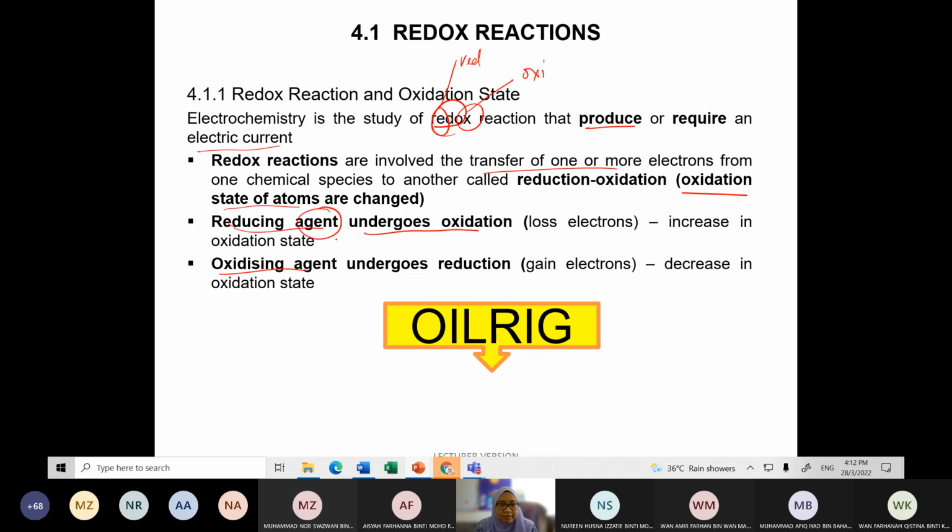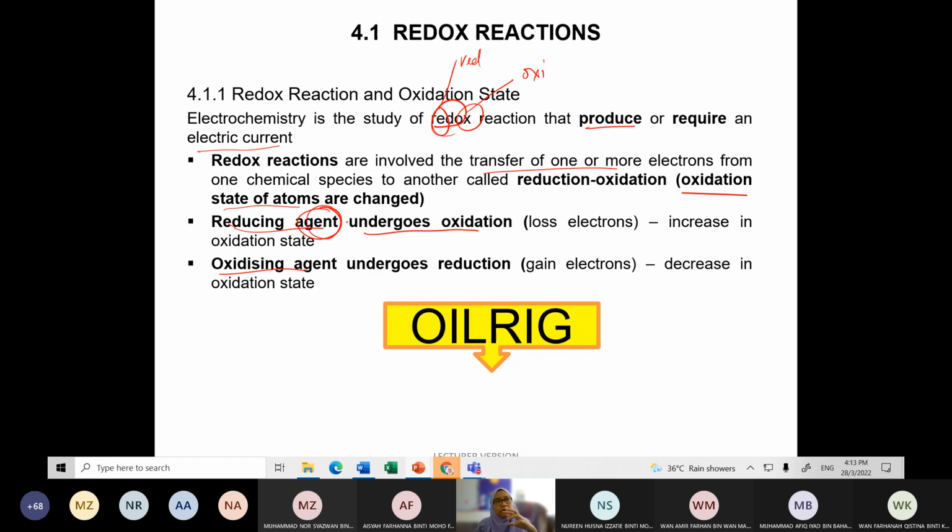The word agent here means the cause. Reducing agent is the substance that undergoes oxidation. It causes other substances to be reduced, but it itself undergoes oxidation. That's what agent means. The concept is like, you want to go for a vacation, for example. You have money and then you hire a travel agent.